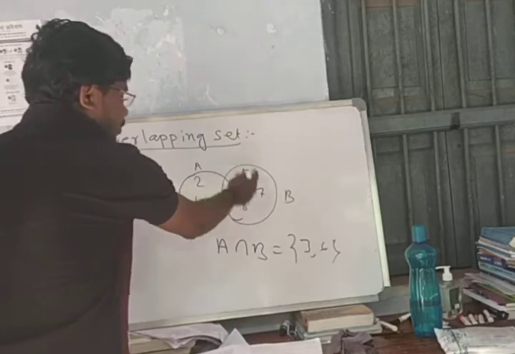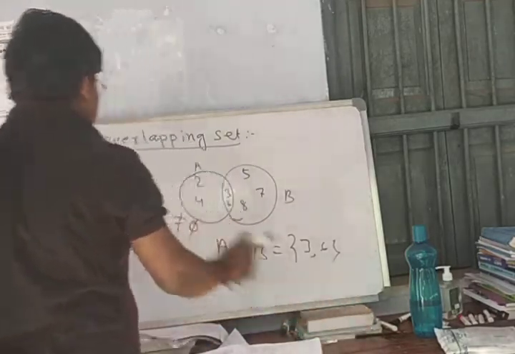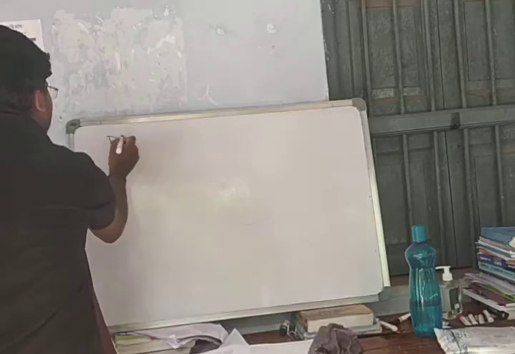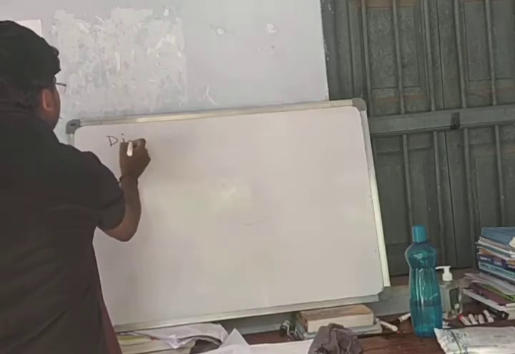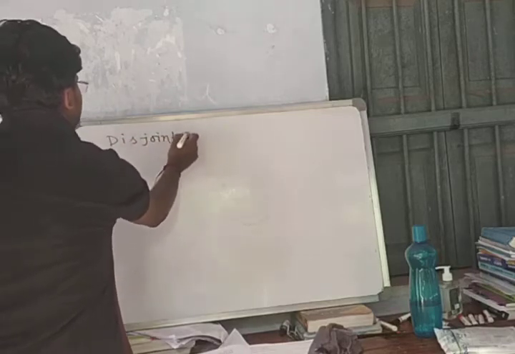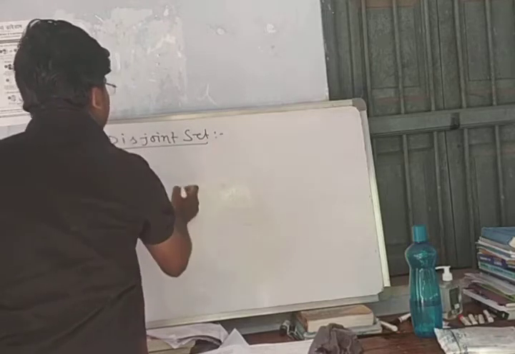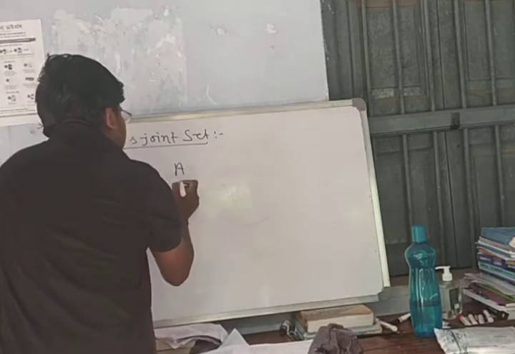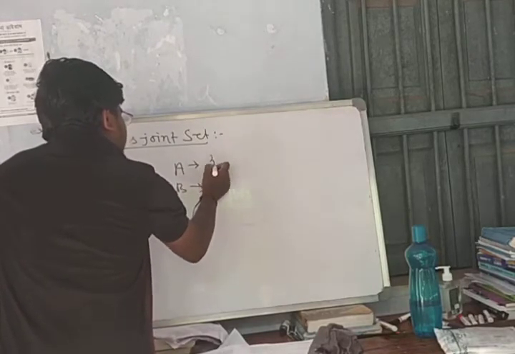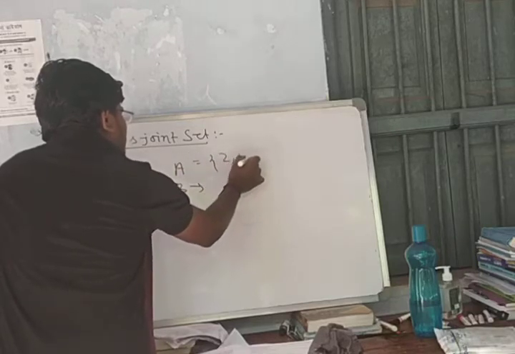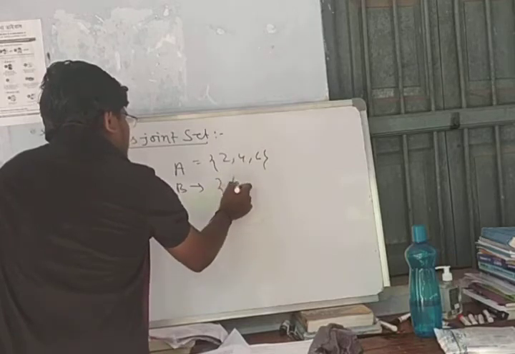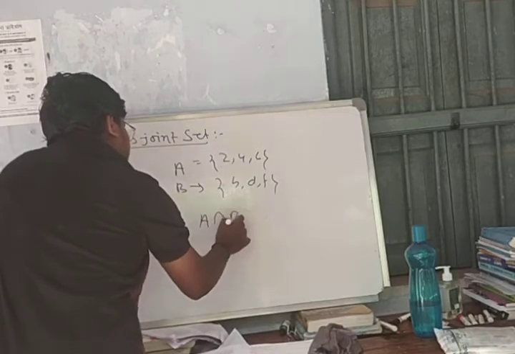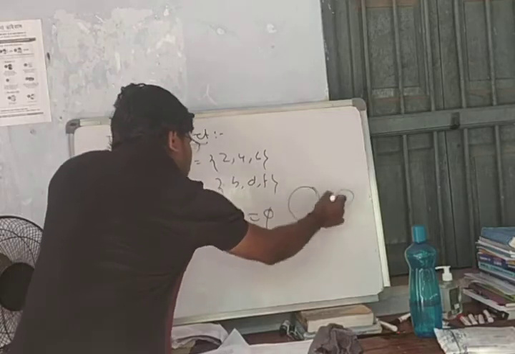Suppose A and B are two sets, A equals 2, 4, 6 and B equals B, D, F. Then you can see that A intersection B is clearly phi, and they are two separate sets.